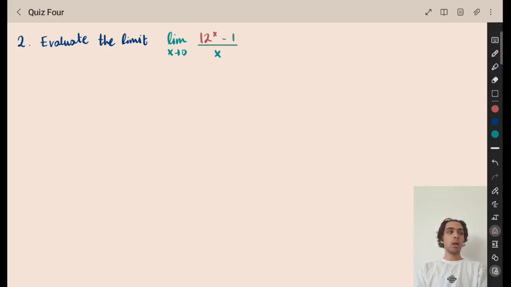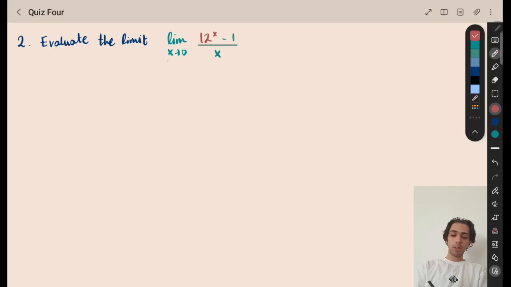We might have some idea, but we're not quite sure how this function behaves. And by behaves, we mean at this race to the point 0, who wins? Is it 12 to the x? Is it x? That's a very good question to be asking.